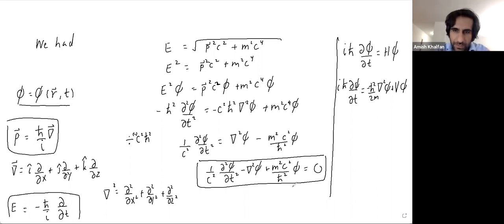And so this, with m not being equal to 0, is a modified wave equation. So again, this is what we sought after, the Klein-Gordon equation. This describes the behavior of a relativistic free particle.